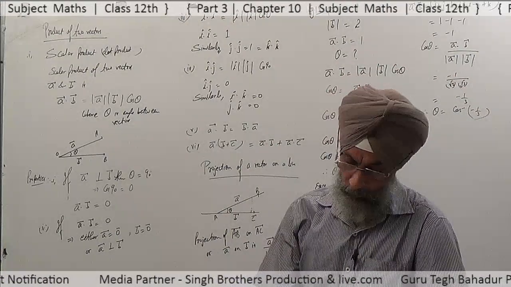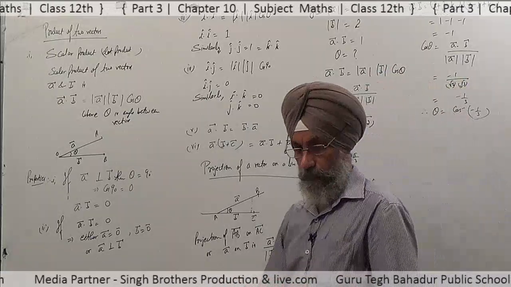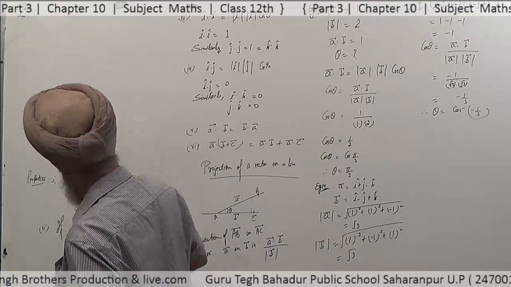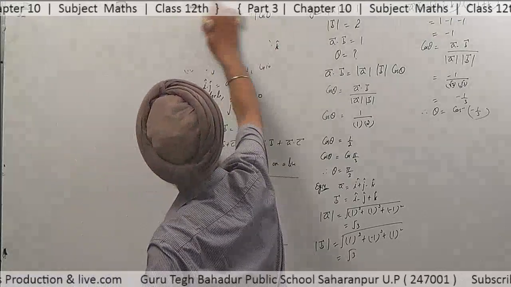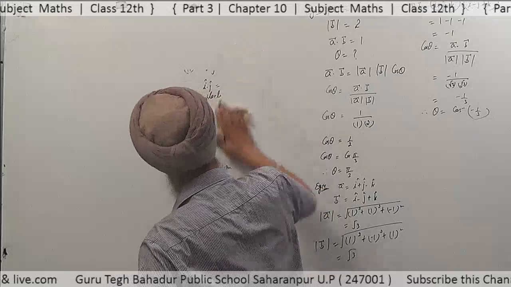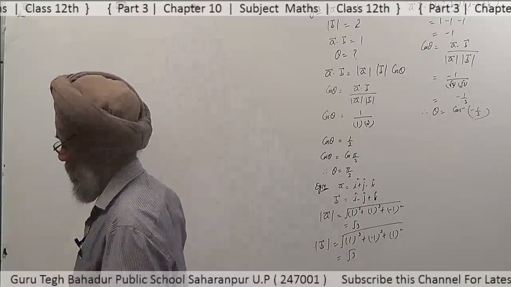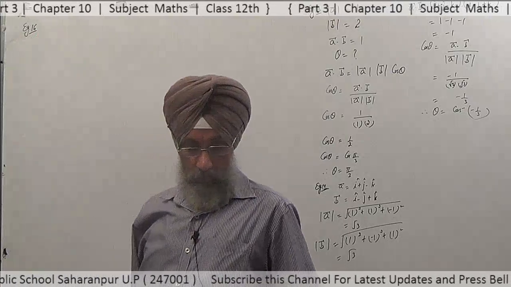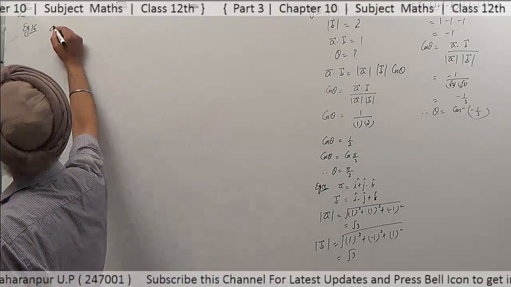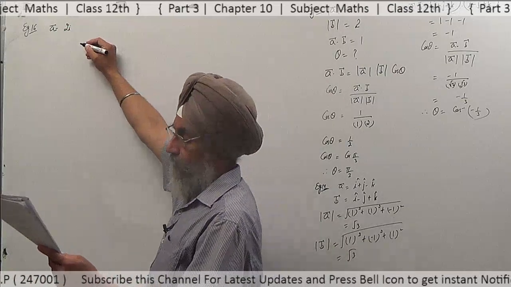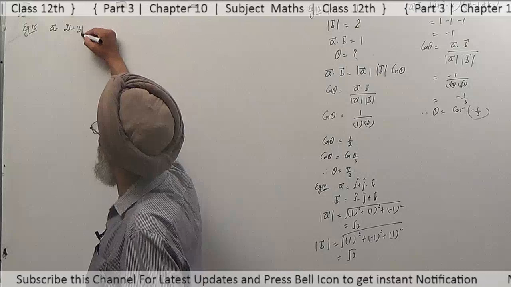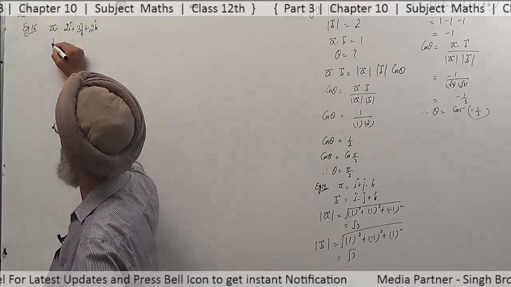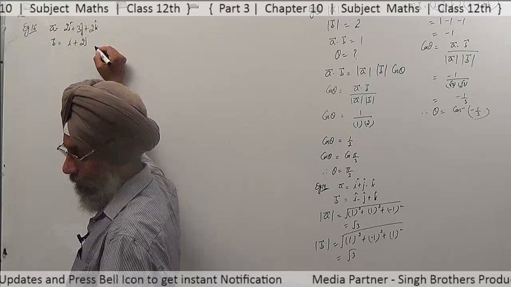Now in example number 16, we have to find the projection of vector A, 2i plus 3j plus 2k, on vector B, which is equal to i plus 2j plus k.